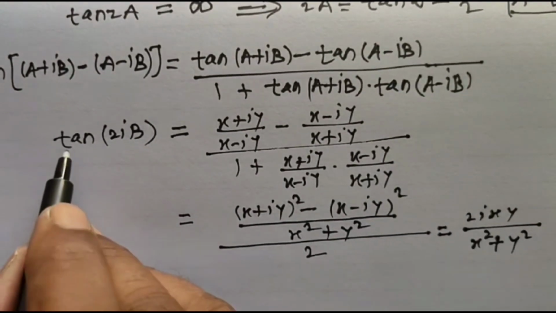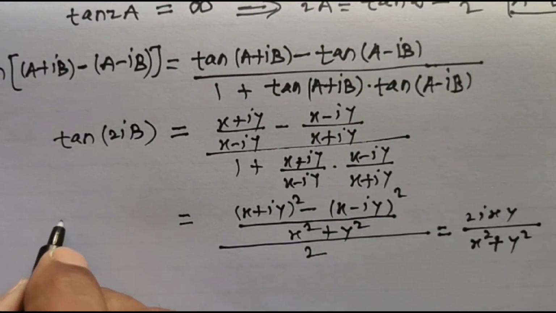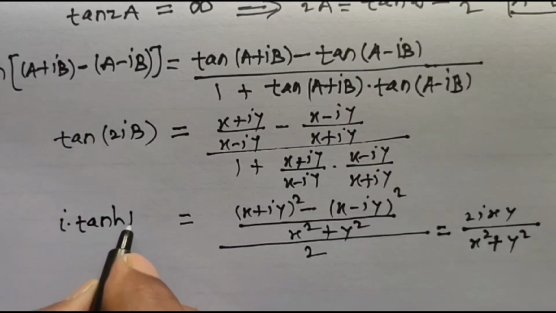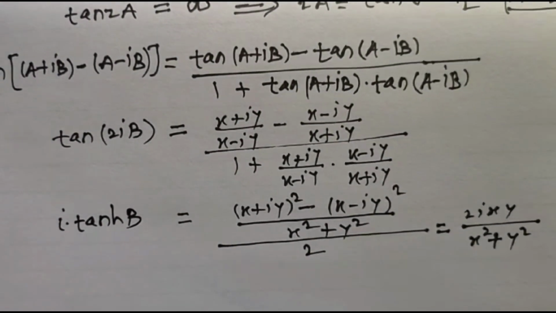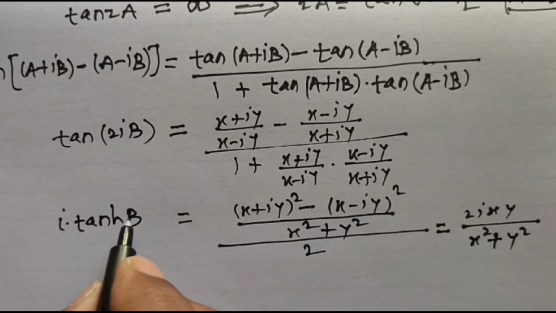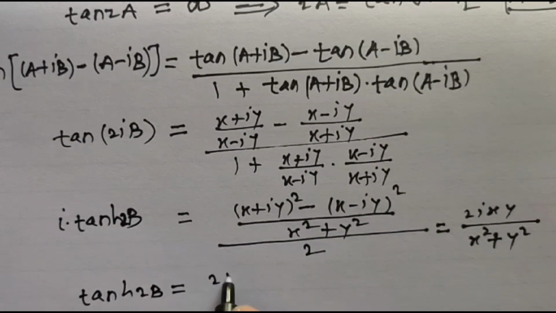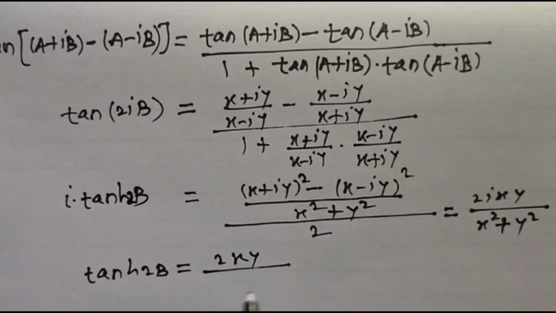Now tan of 2i beta is equal to i into hyperbolic tan b. Now i gets cancelled, hyperbolic tan 2b, hence hyperbolic tan 2b is equal to 2 times xy divided by x square plus y square.